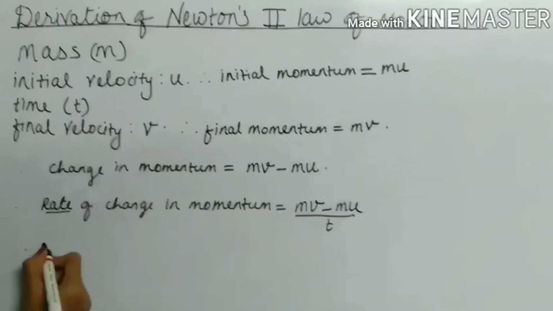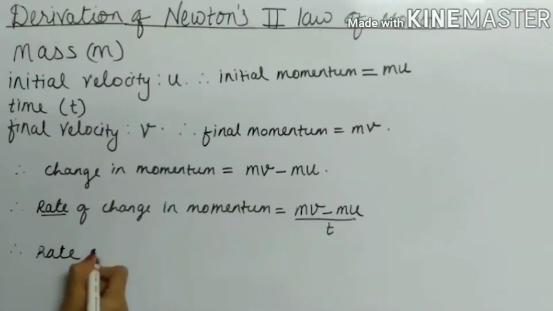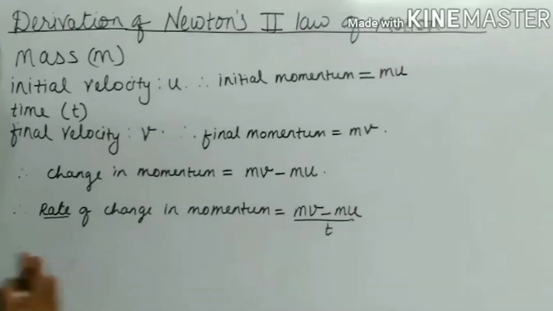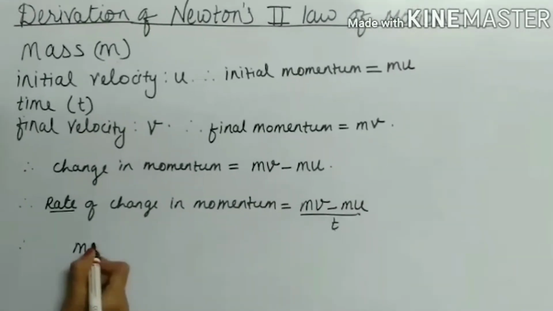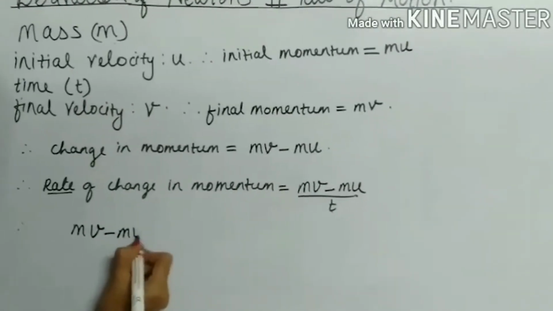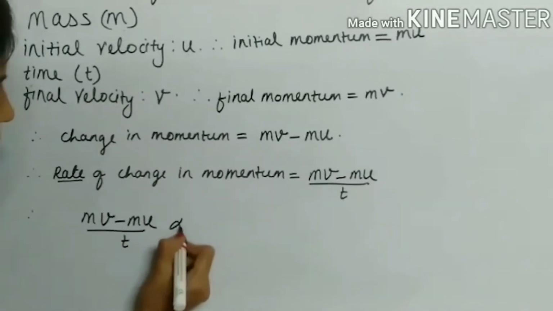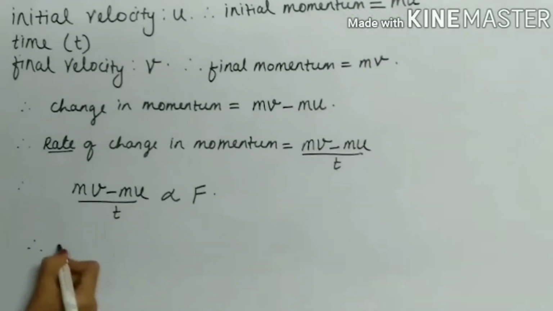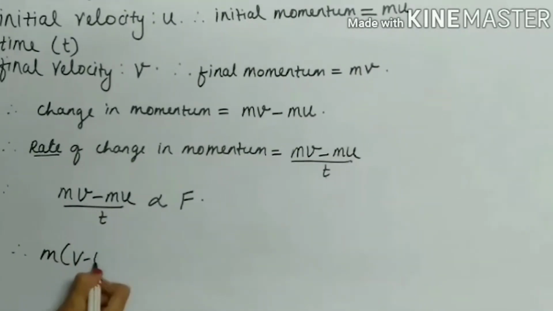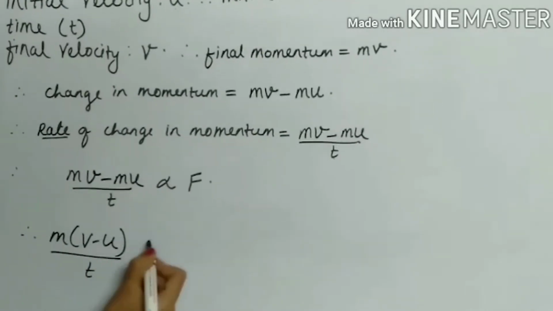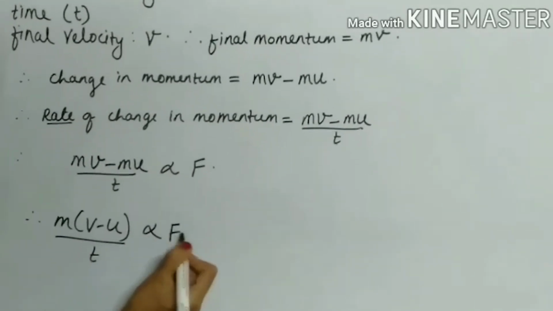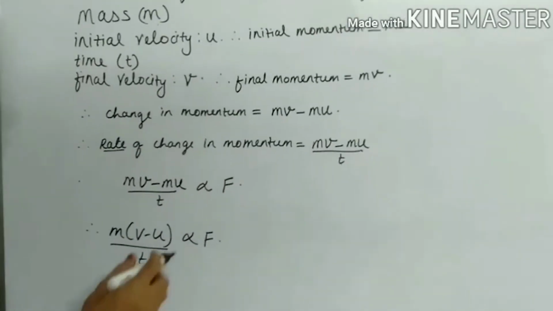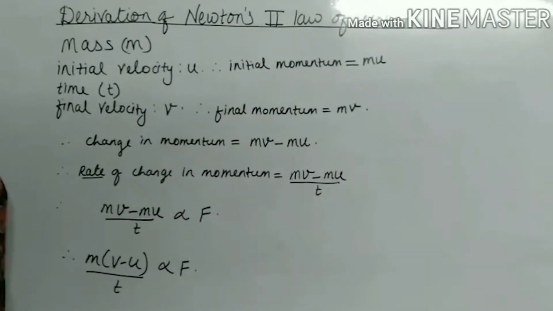Now, this rate of change of momentum is directly proportional to the force applied. So, mv minus mu divided by t is directly proportional to the force applied. So, this m is common. m(v minus u) divided by t is directly proportional to F. Children, whenever we are removing the proportionality sign, we insert equal to and a proportionality constant.